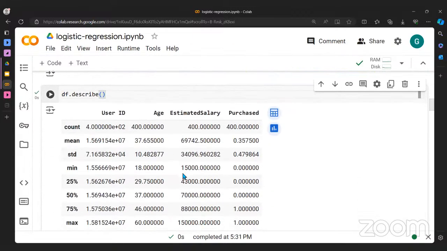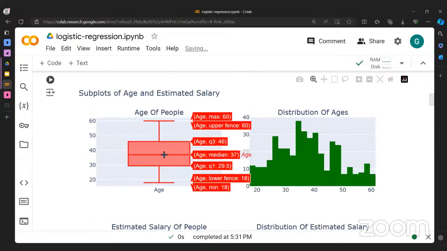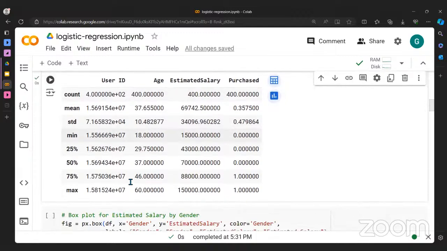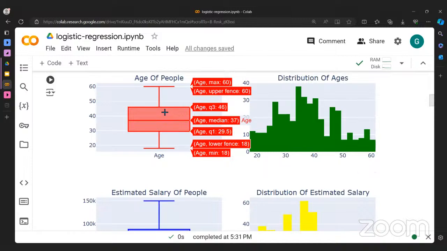Just in case you're confused about what we are seeing in this box plot, let's look at the age of people. What these values are saying is actually what you're also seeing here. The 75th percentile was 46. So if you also come here, the 75th percentile is actually this line, and you can see that it's 46. So that's just how you can interpret it.